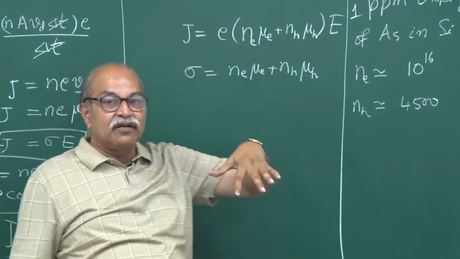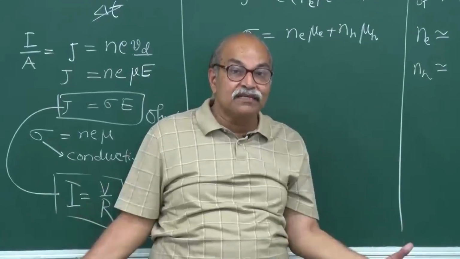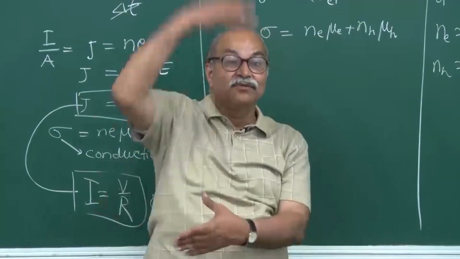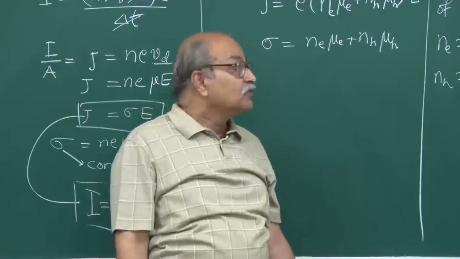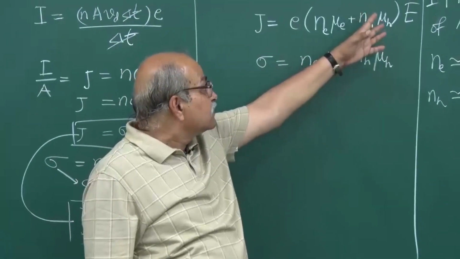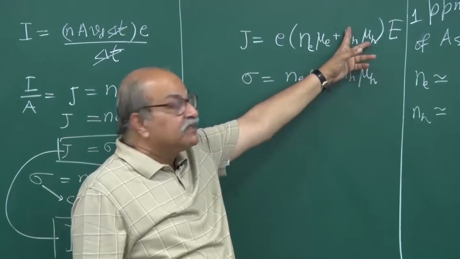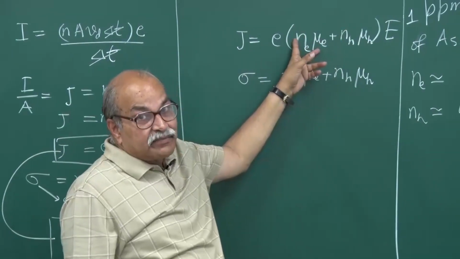And similarly, if you are doping a trivalent impurity, then the hole concentration will be so high as compared to the electron concentration that only this will be effective and the electron part will be totally negligible.